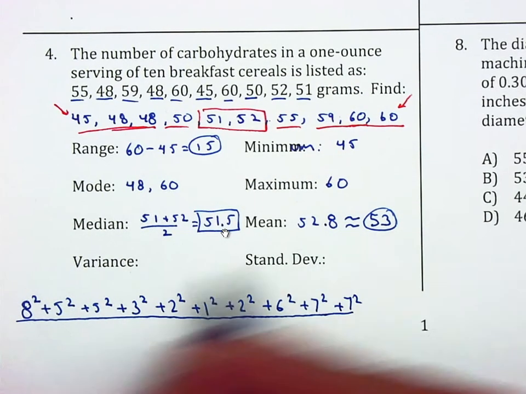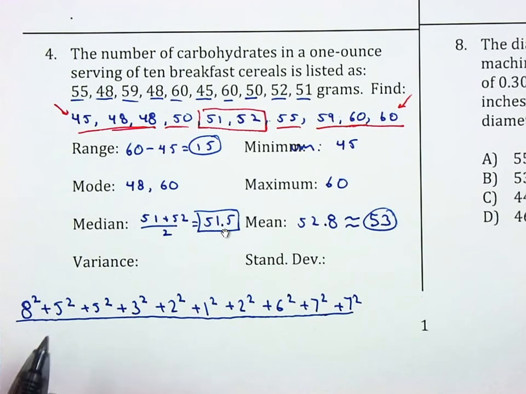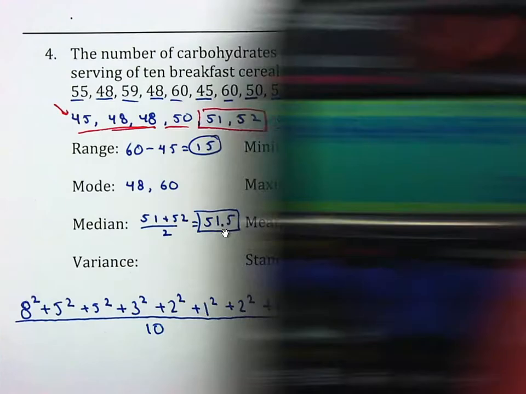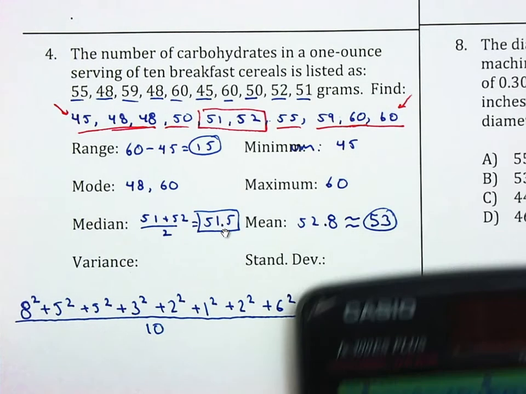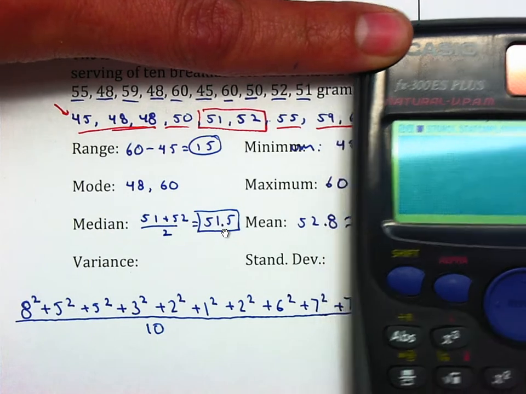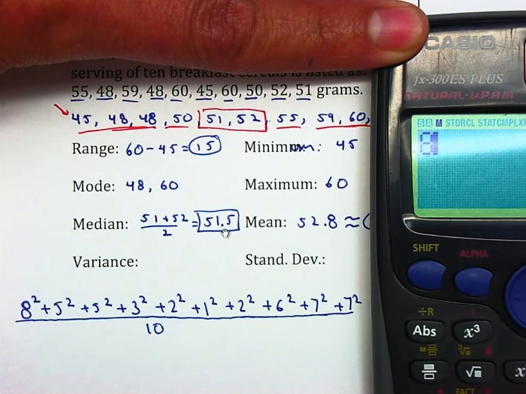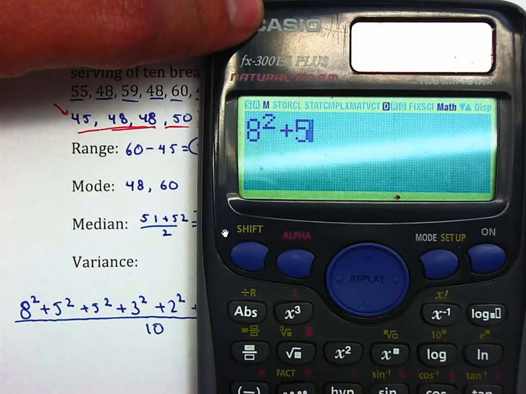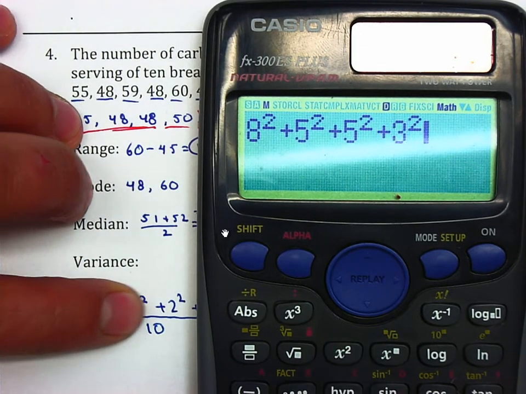So you take the difference and square each number, and you're going to divide by how many numbers we have, which is 10. And since we're able to use a calculator, we can just type everything as is on the calculator. Just start typing in 8, and I'm going to use my square, plus 5 square, plus 5 square, plus 3 square.